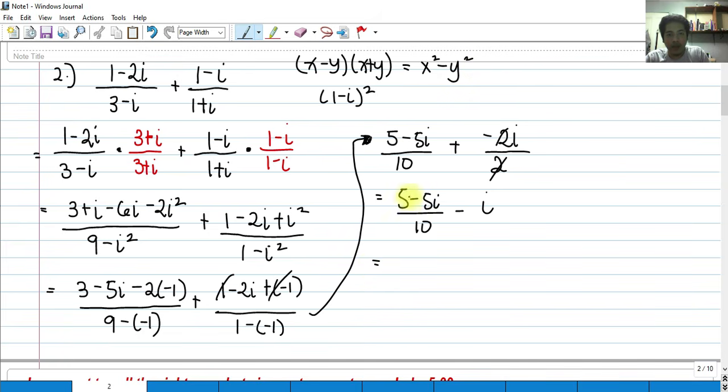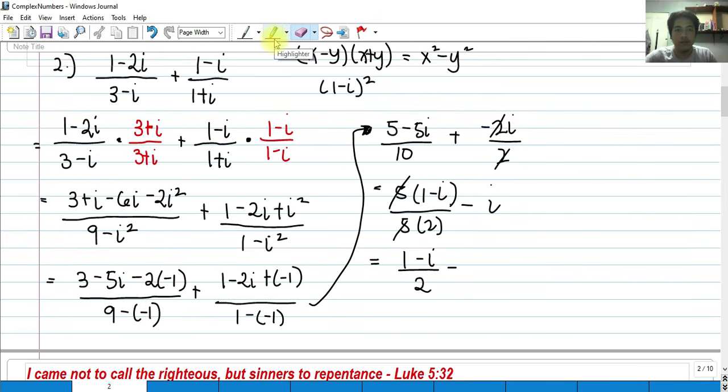So we have 5 times 1 minus i. Of course, on the denominator also, we can factor 5, that's times 2. 5 times 2 is 10. So these 5's will cancel, and then we have 1 minus i over 2 minus i.